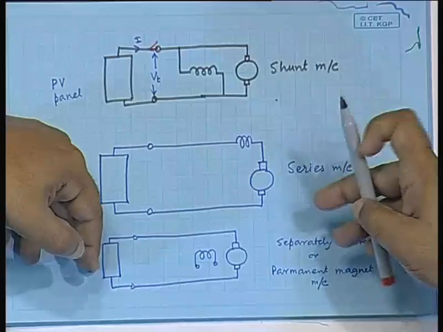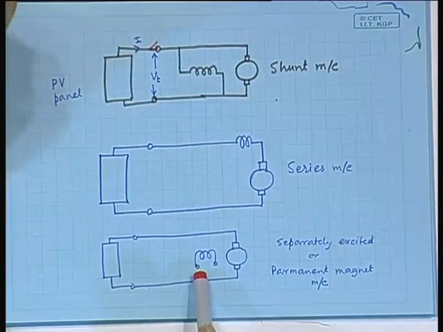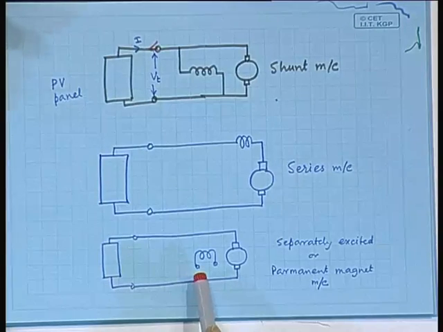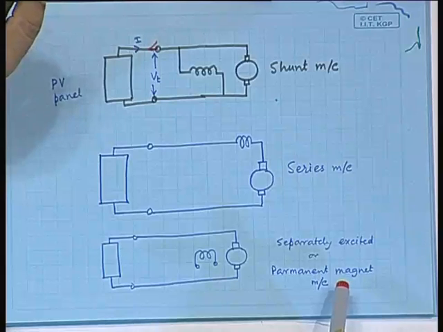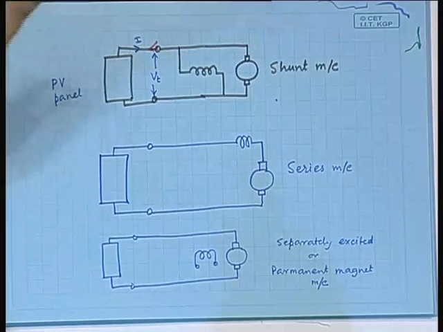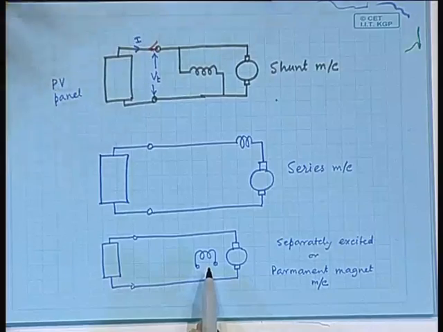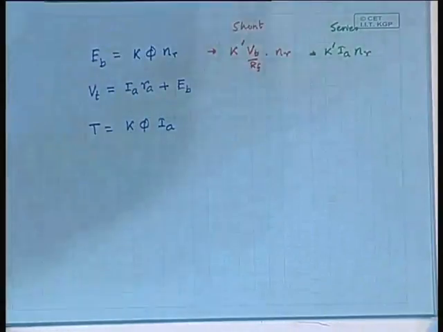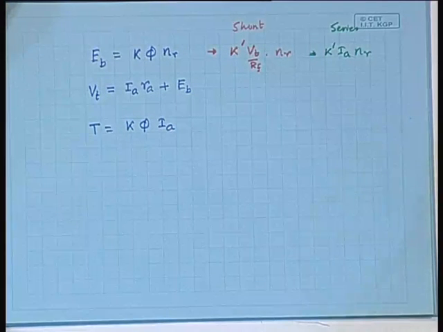Separately excited machine is of course a different story, because you have the field which is excited separately, either by means of a separate battery or by means of some kind of permanent magnet machine, that means the field is already there. In that case the field is constant, and in such case you can simply use these equations.